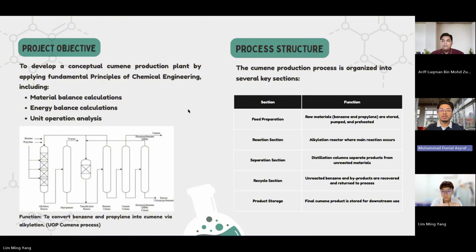Distillation columns are used to separate the desired product from unreacted reactants and byproducts. The fourth section is the recycle section, where unreacted benzene and intermediate byproducts are recovered and returned to the reactor to improve process efficiency. Finally, the last section is the product storage, where the purified cumene product is stored before being sent to downstream industries and for further processing.